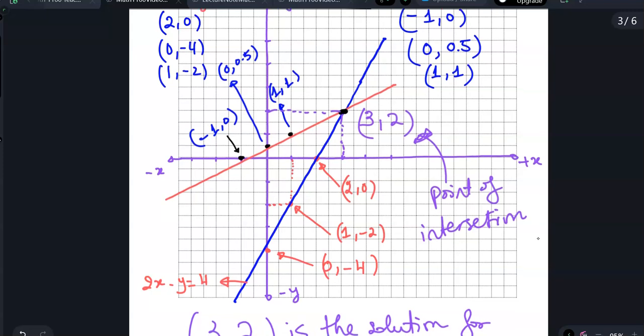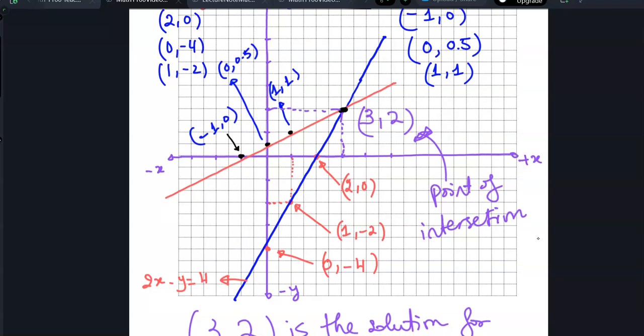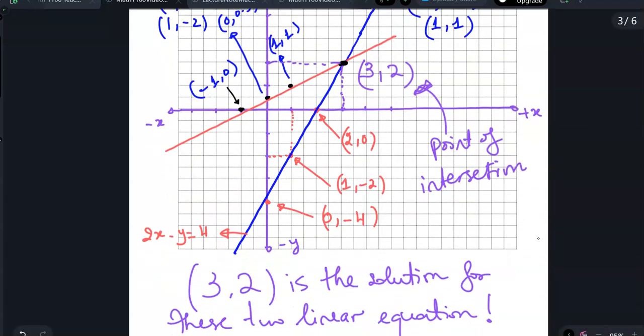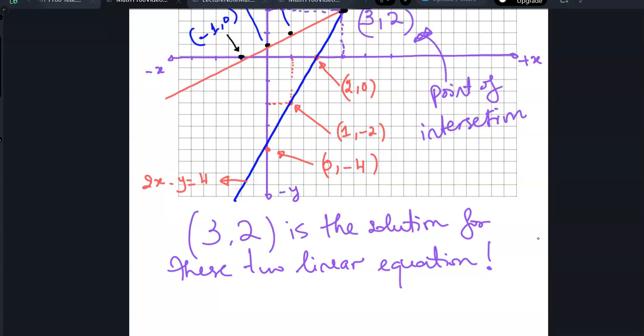Okay, because when the two lines intersect, the point where they meet is the solution for x and y. Okay, so in this case, you are solving for two equations and two unknown.